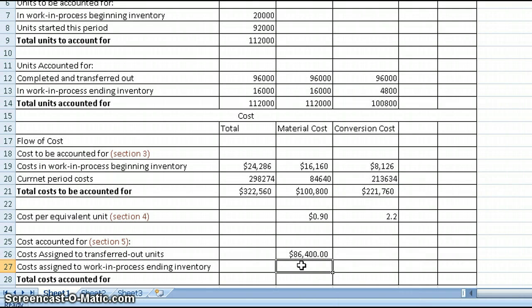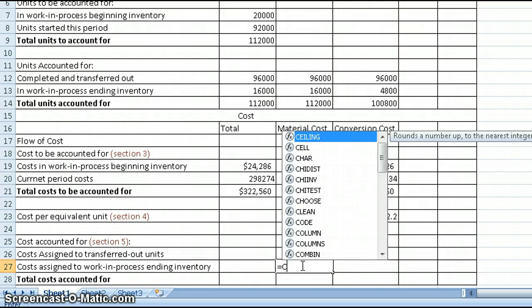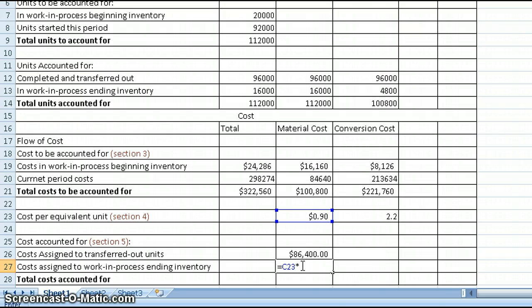We will use this same process to calculate the material cost and conversion cost for costs to be accounted for. Now we can find the total of our material costs and our conversion cost.